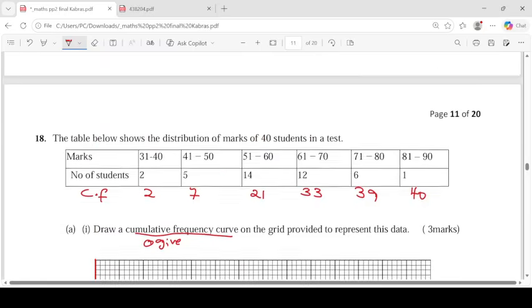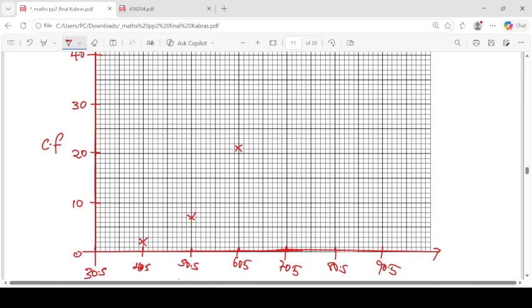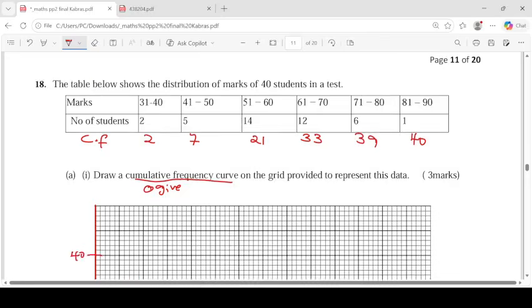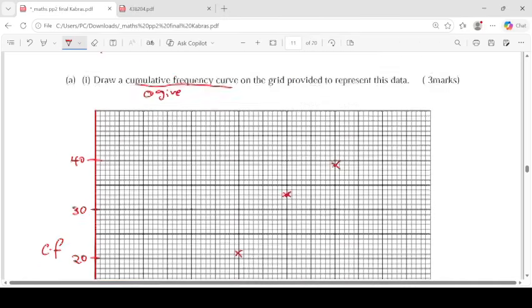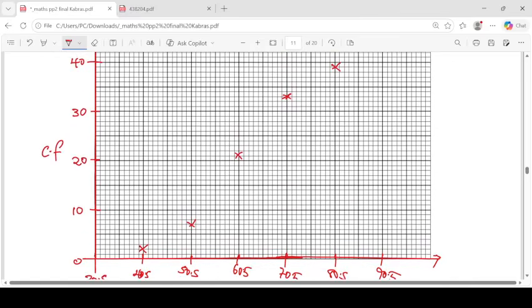At 70.5, the frequency is 33. At 80.5, the frequency is 39. Then finally, 90.5 at 40.